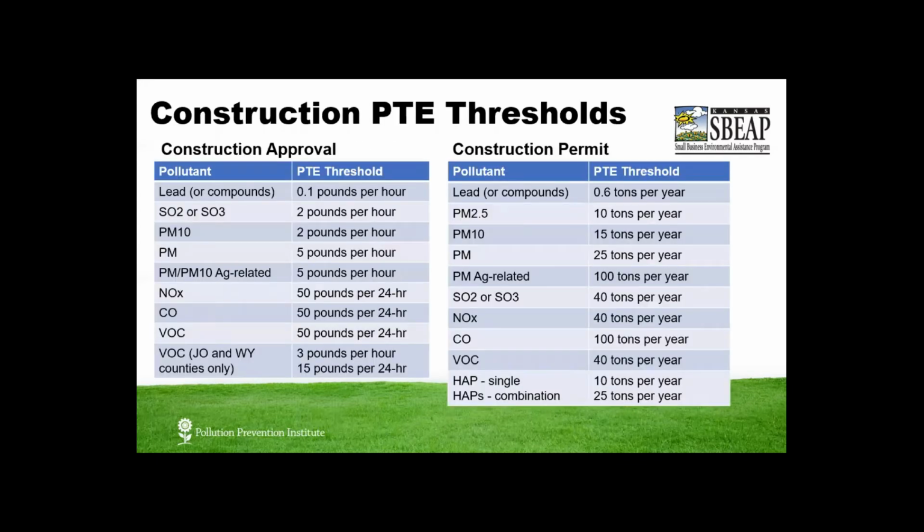As we've discussed, the PTE of the equipment or process determines the type of construction document that you will need. These tables identify the PTE emission thresholds for construction approval or construction permit as outlined by the Kansas Air Quality Regulations.